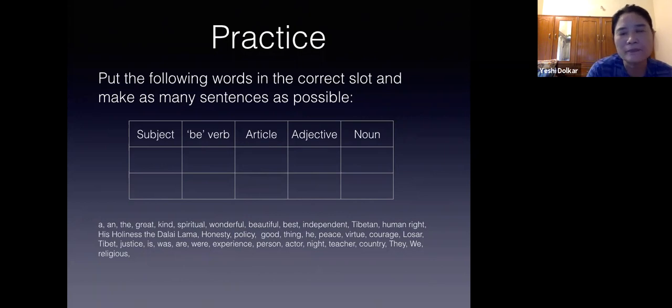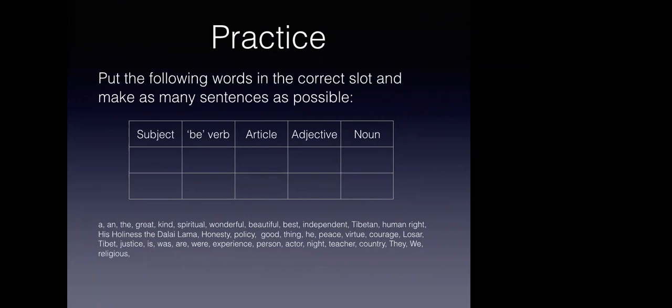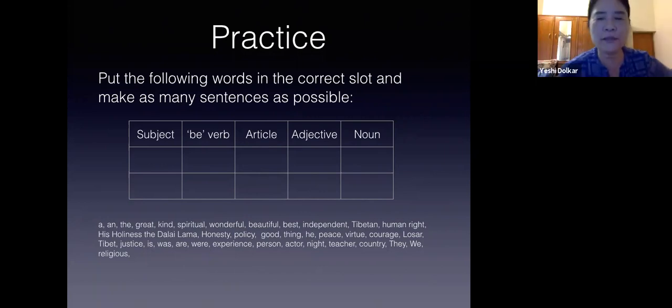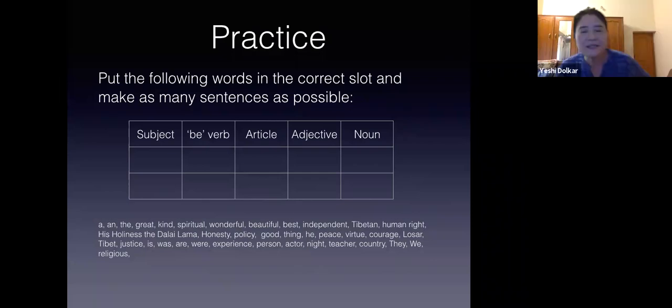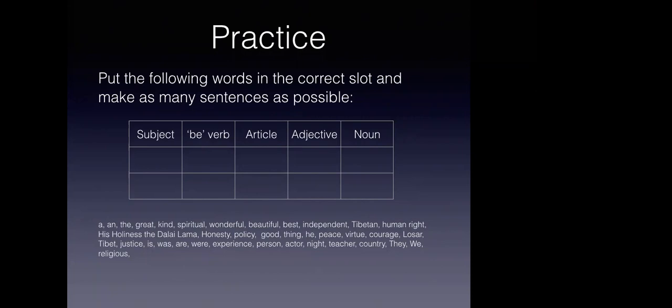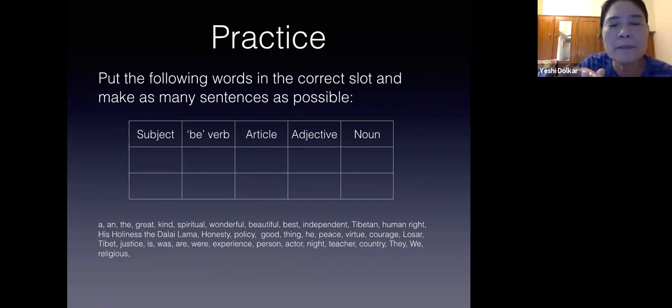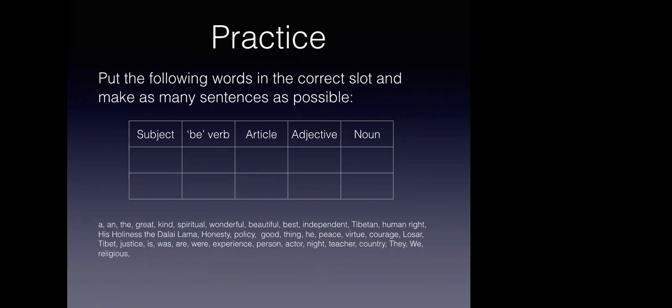Okay, then Tibet is a free country. Very good. Tibet is a free country. Sweden is a beautiful country. Tibet is a beautiful country. Very good.